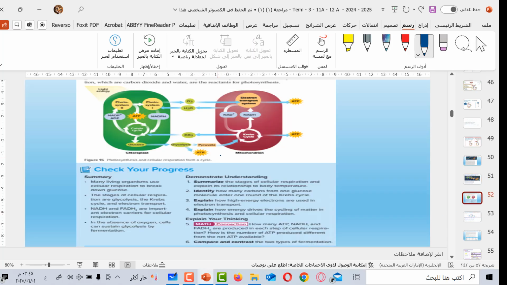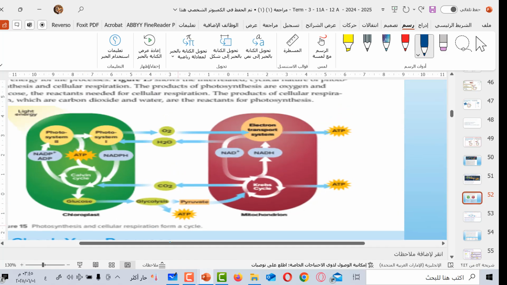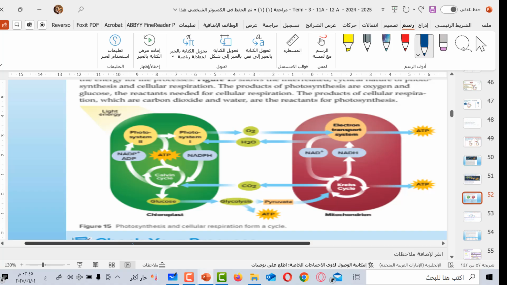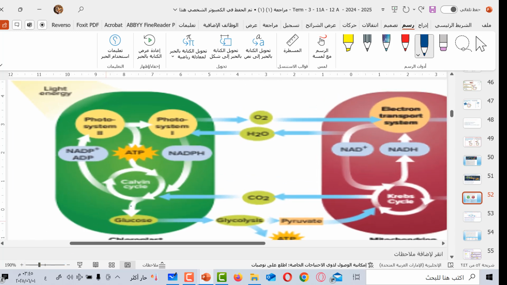Here this combines photosynthesis and cell respiration. Let me make it bigger.